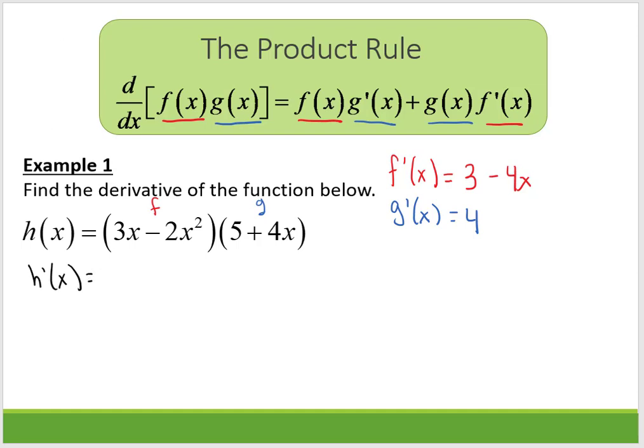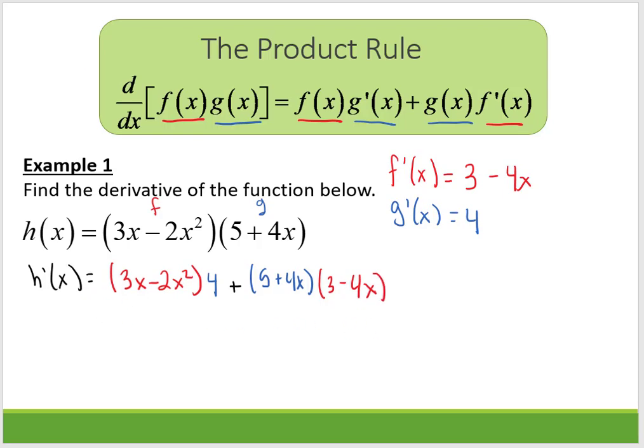And so I have, leaving the first alone, derivative of the second, which is 4, plus, now I have the second function times the derivative of the first, which is 3 minus 4x.